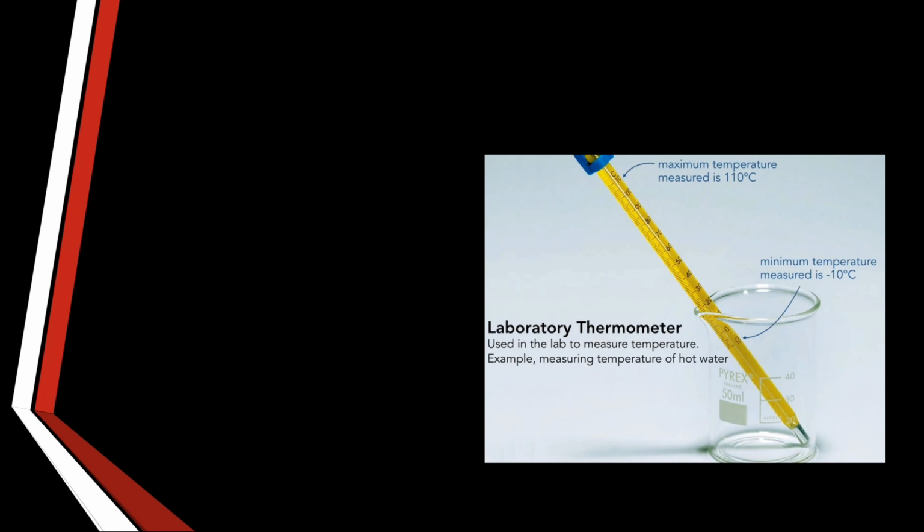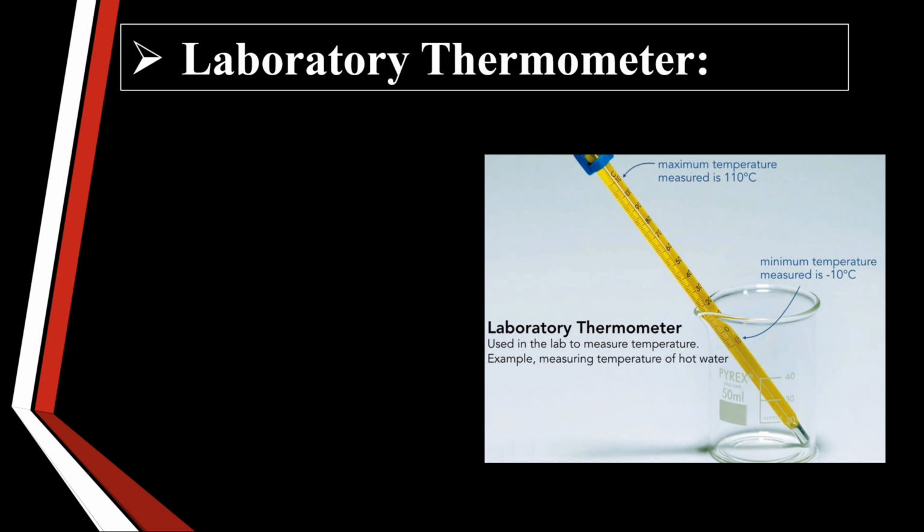Since clinical thermometers can't be used to measure temperature other than the human body, we need a special type of thermometer for other purposes. A laboratory thermometer, which is alternatively known as the lab thermometer, is used for measuring temperatures other than the human body temperature.